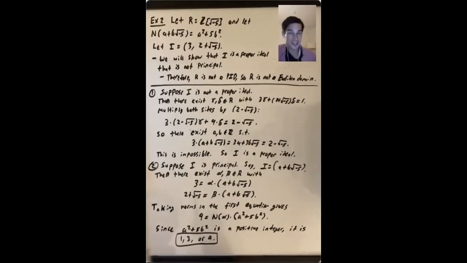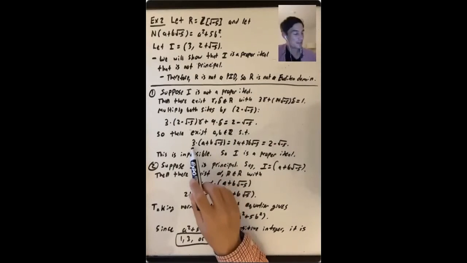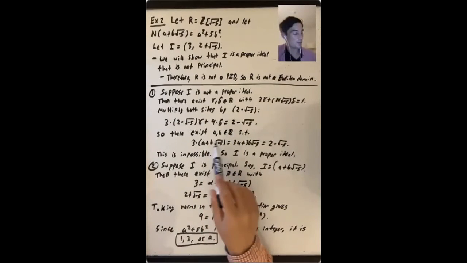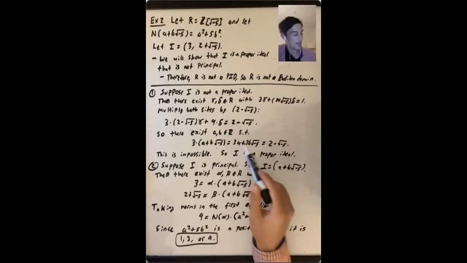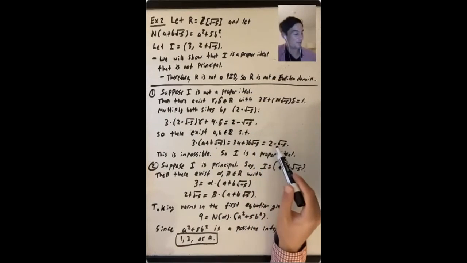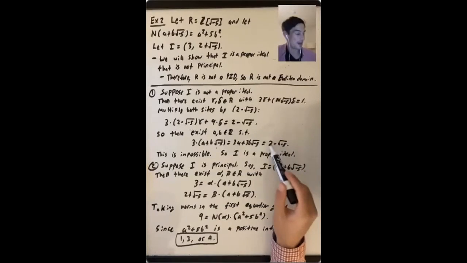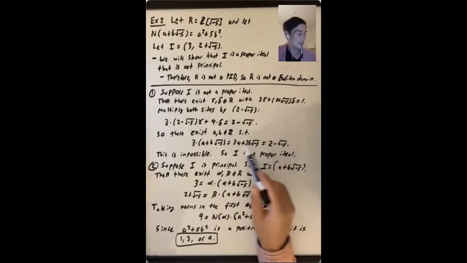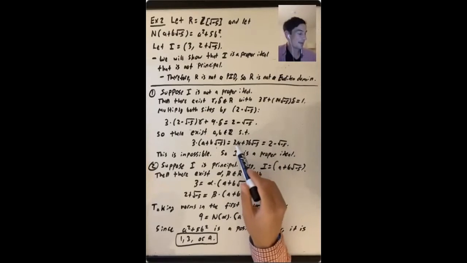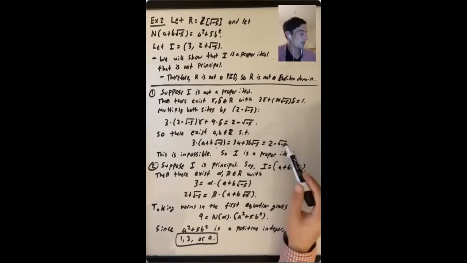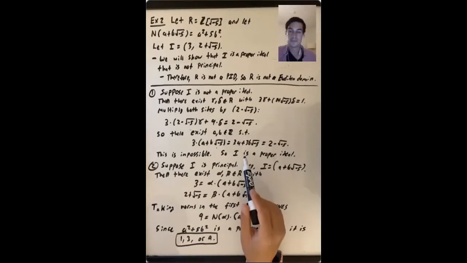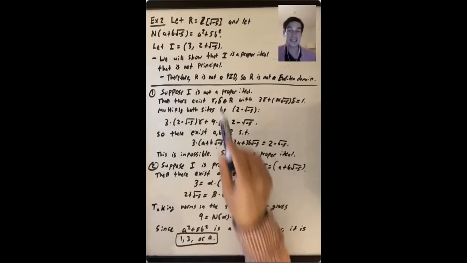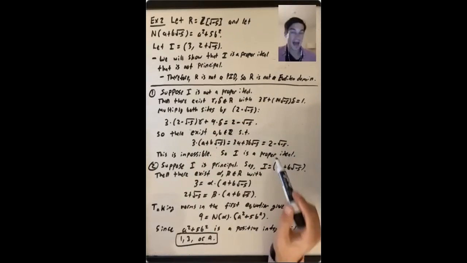So there have to be integers a and b in Z so that 3 times (a plus b square root of negative 5), which is 3a plus 3b square root of negative 5, is 2 minus square root of negative 5. And that's just not possible, right? There's no integer solutions where 3a is equal to 2 and 3b is equal to negative 1. So this is a contradiction, and that means that I is not the whole ring, that I is a proper ideal in this ring.